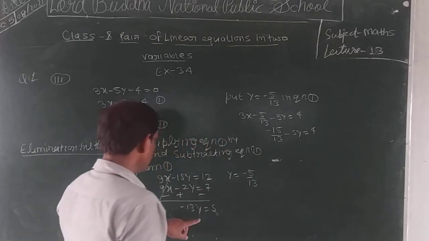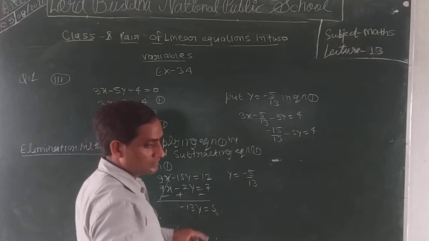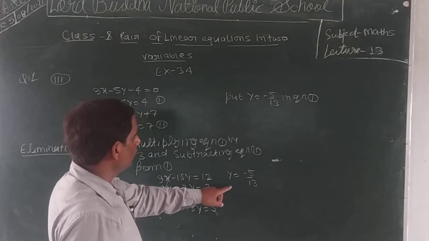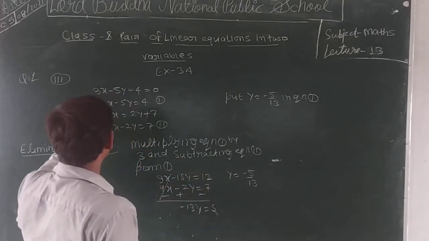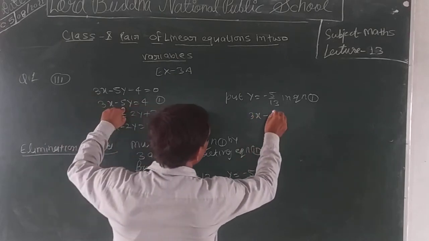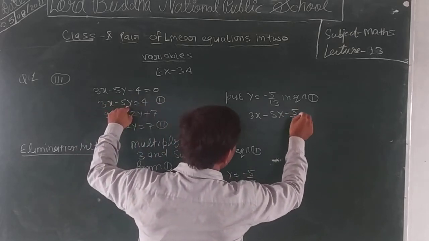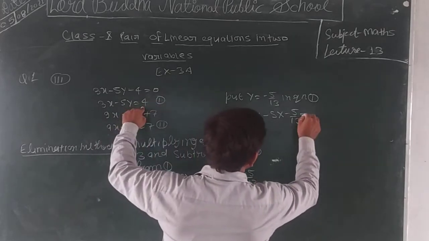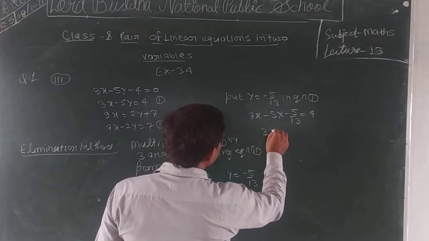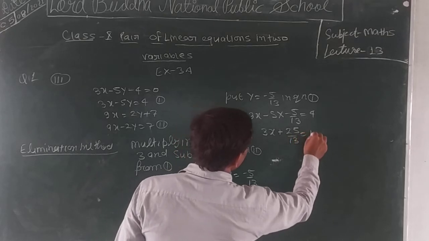Once again, the value of y is minus 5 upon 13. Sorry, we are putting the value of y. Hence we write here 3x minus 5 into minus 5 upon 13 equal to 4. Now we see that 3x plus 25 upon 13 equal to 4.